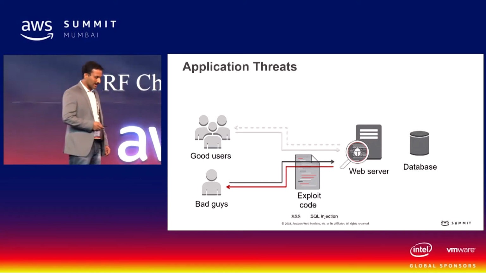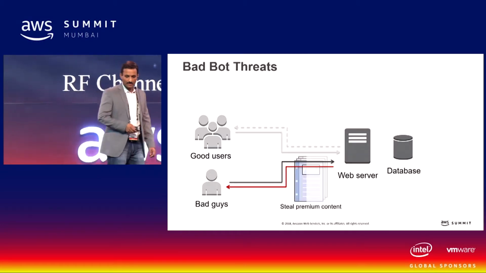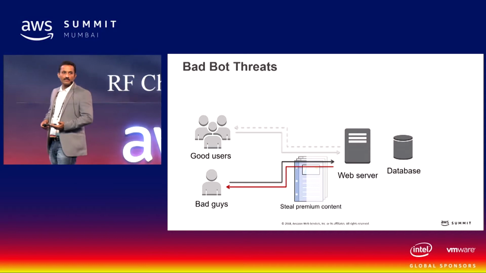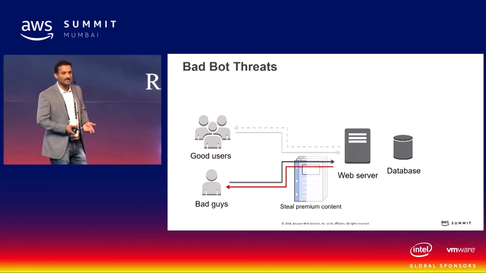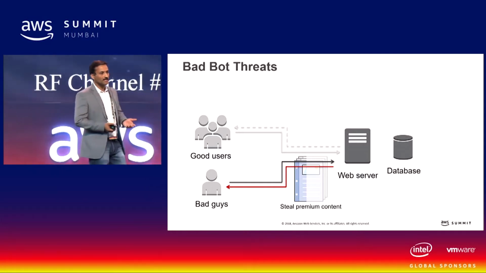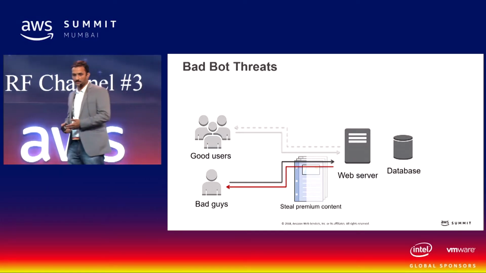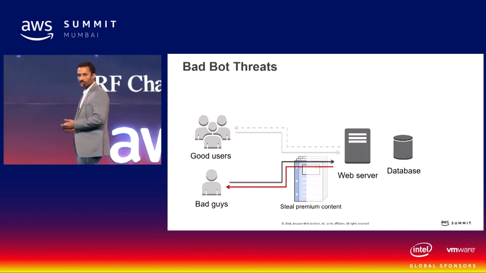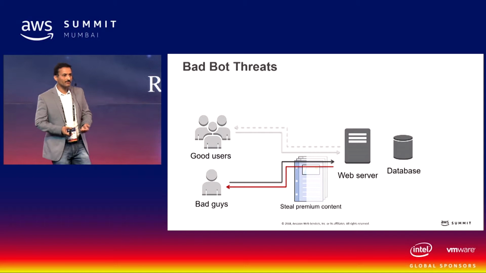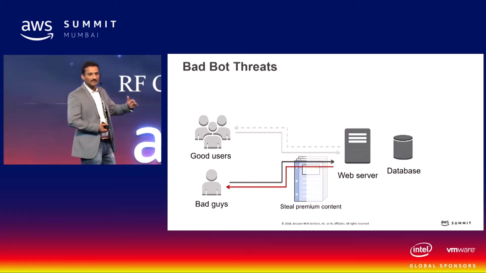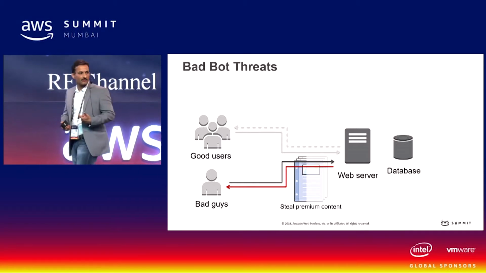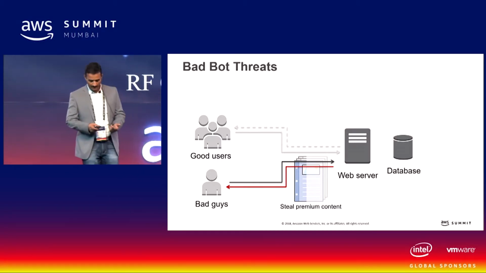And the last type of threat we see, which is very popular, is scraping the content, or we call it crawling, where a bot scrapes your website or your content and tries to steal it, or scrapes the information and uses it against competitors. For example, if you're running a web e-commerce site with a lot of products with pricing, the bot can scrape those prices and try to adjust the price on the competitor's website, right?